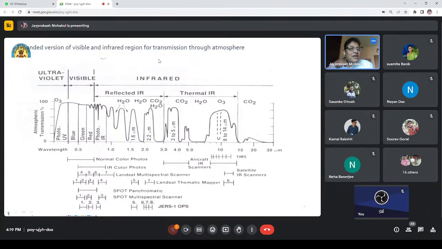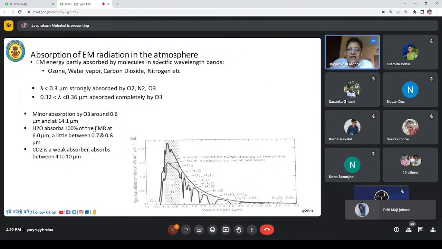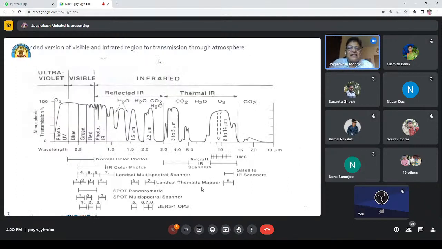Now let's say the energy that comes to the top of the atmosphere is 100, right? Let's say this is 100%. Understood? Followed? Okay.